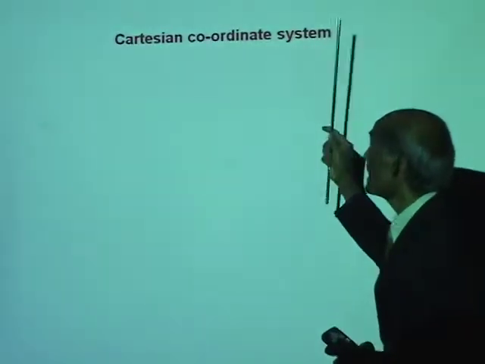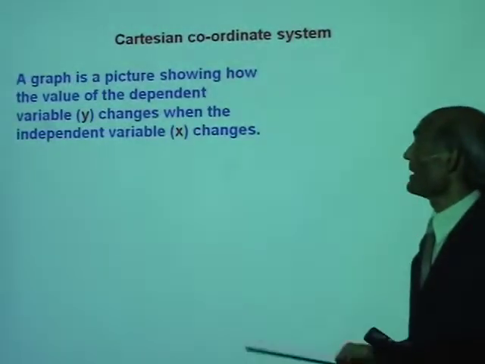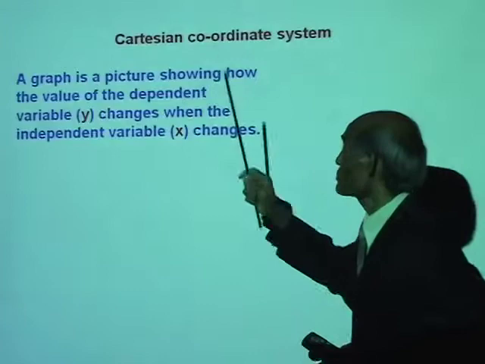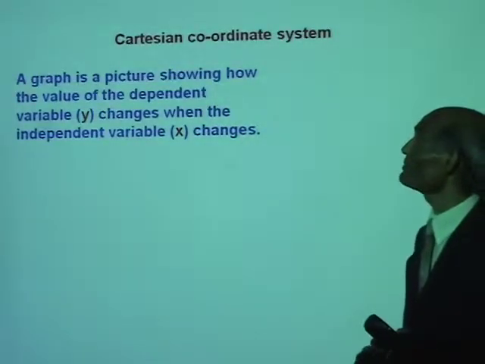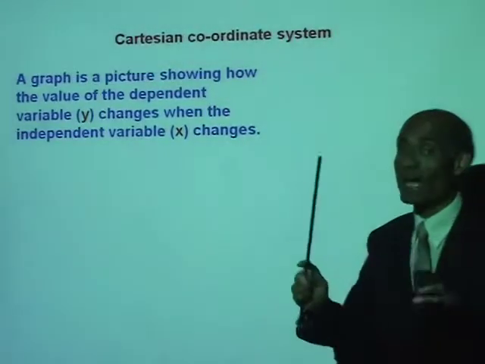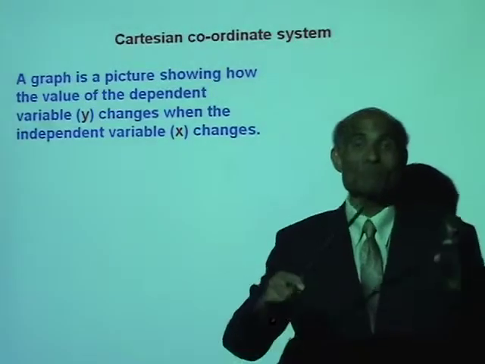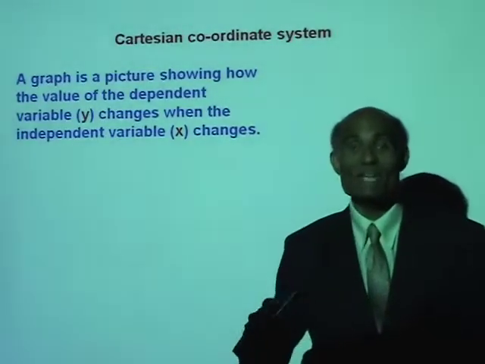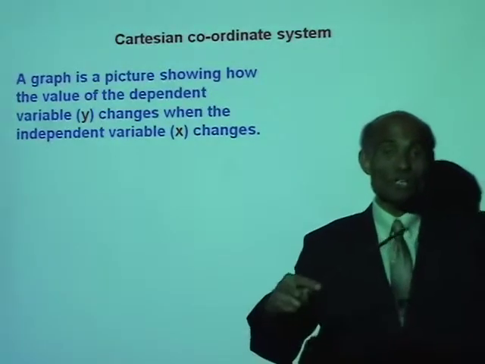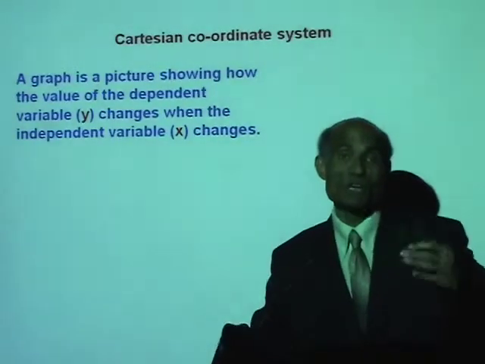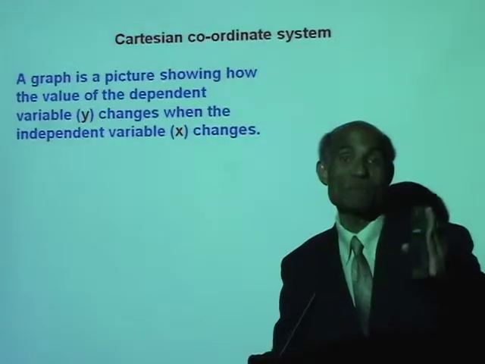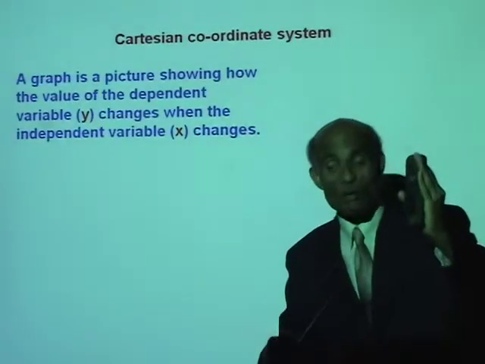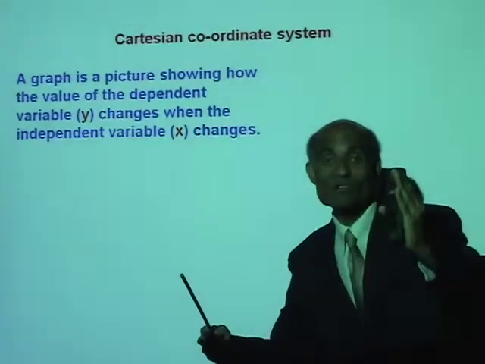Let's now talk about the Cartesian coordinate system. A graph is a picture showing how the value of the dependent variable changes when the value of the independent variable changes. You can now draw a picture showing that.